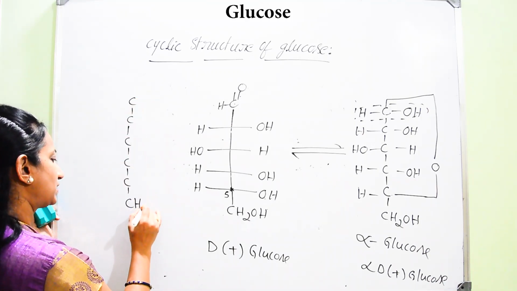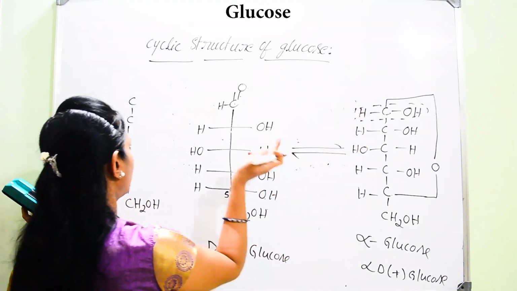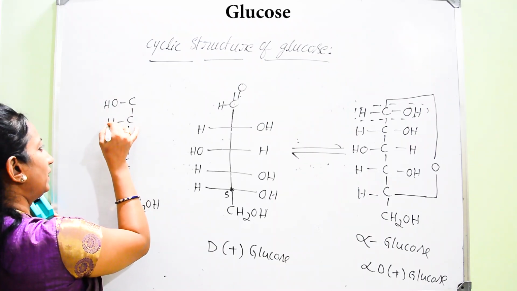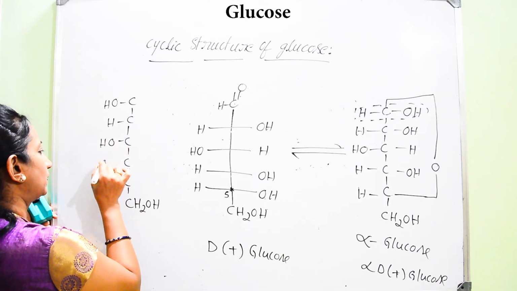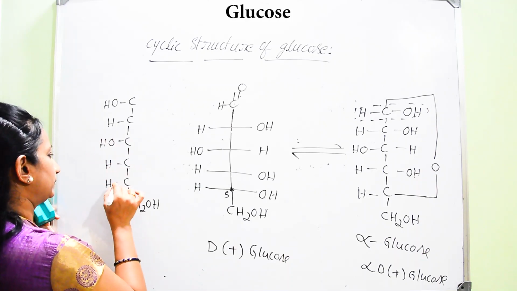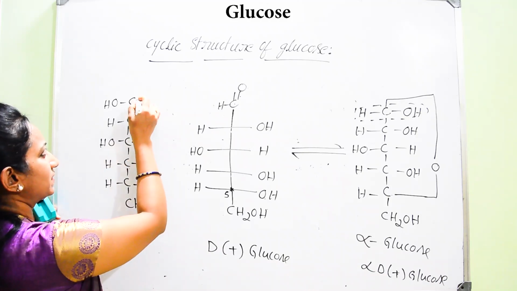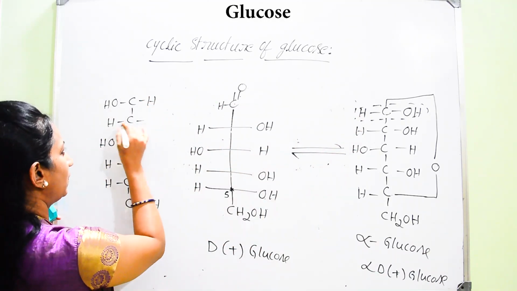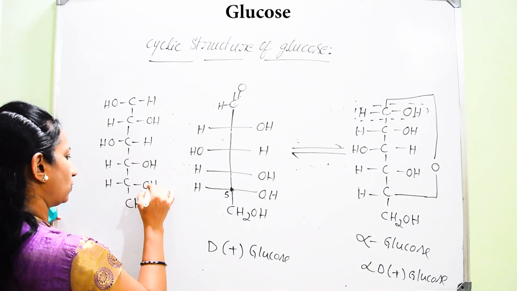The terminal CH2OH stays as it is. Instead of writing H, I will write OH on the left hand side. Then H. The remaining will be as it is. Now I can place the hydrogen atom on the right hand side. Then opposite to H, OH, H, OH, it is OH.